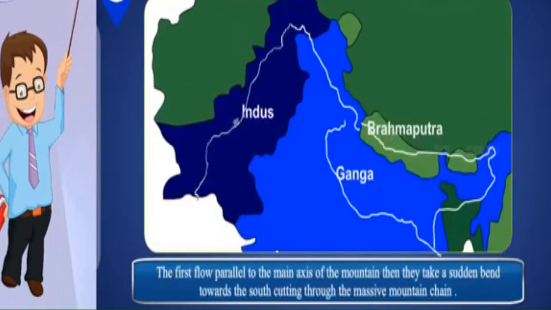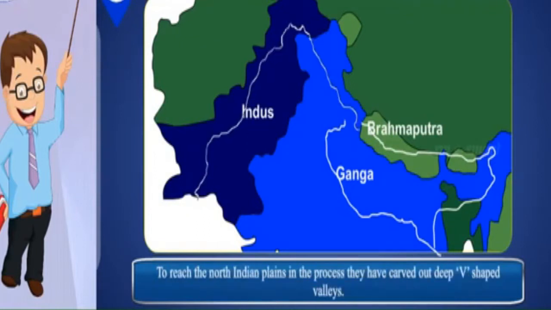They first flow parallel to the main axis of the mountain, then they take a sudden bend towards the south, cutting through the massive mountain chain to reach the North Indian plains. In the process, they have carved out deep V-shaped valleys.